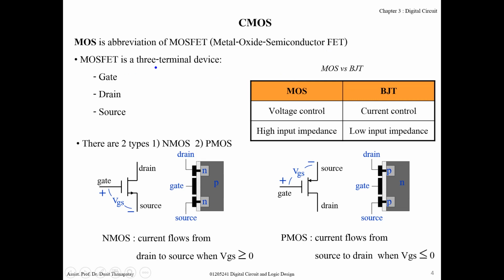Actually there are many kinds of transistor, but for this class, we will study only MOSFET. For MOSFET, there are three terminals, named gate, drain, and source.